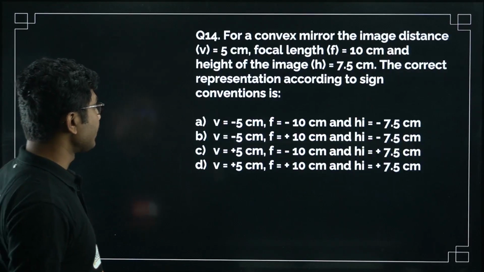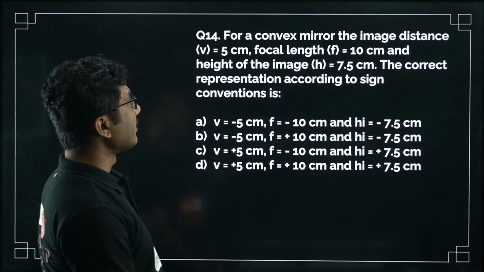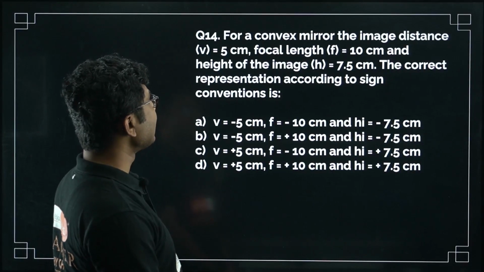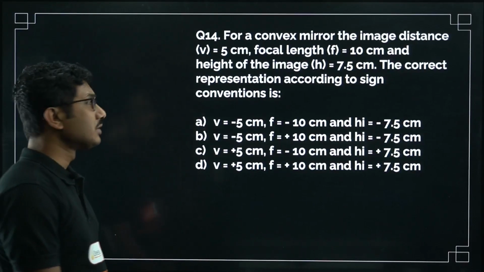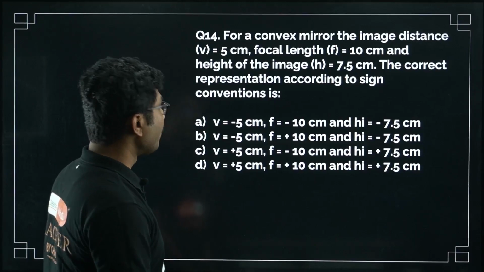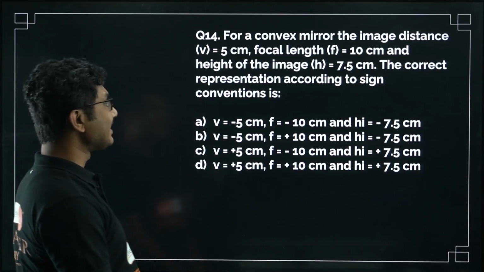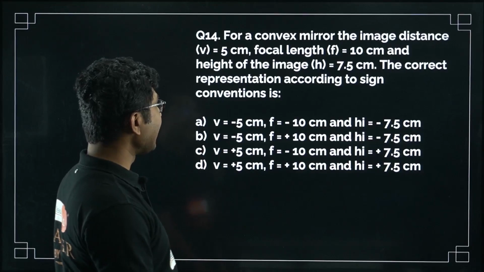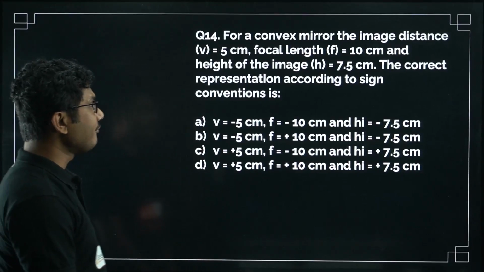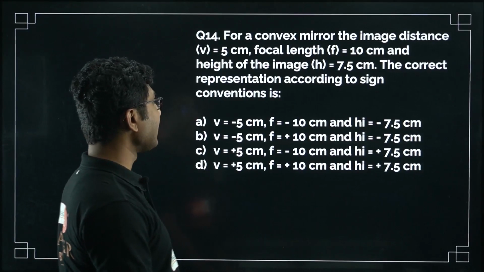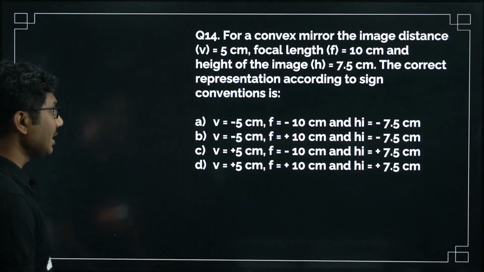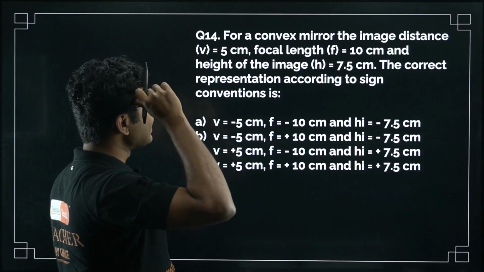Move on to the next question. For a convex mirror, the image distance v equals 5 centimeter, focal length f is 10 centimeter and height of the image is 7.5 centimeter. The correct representation according to the sign convention is. Very interesting question.